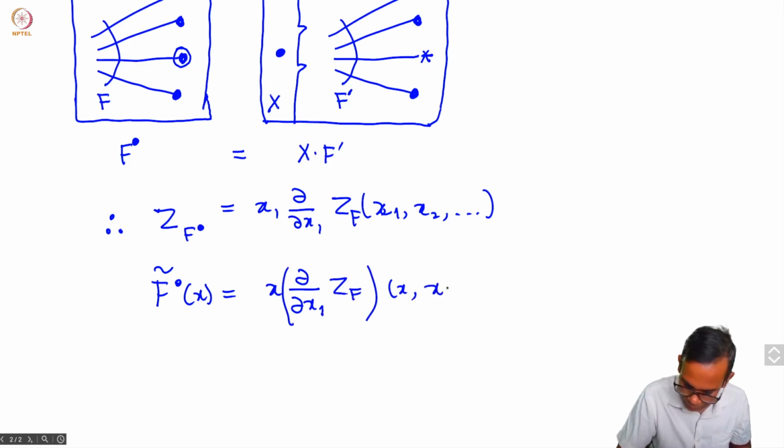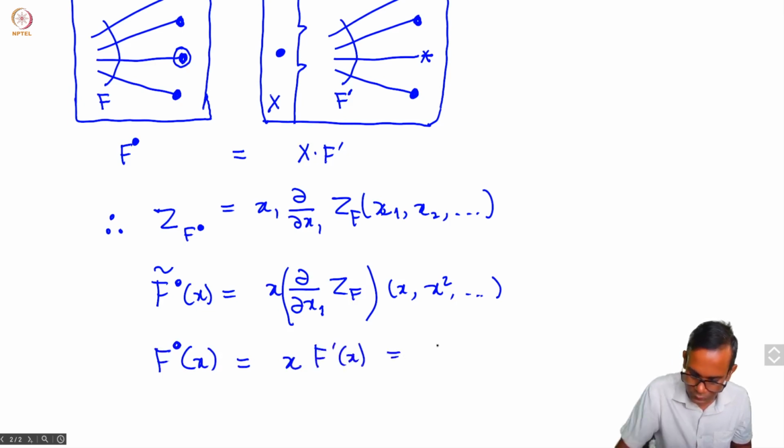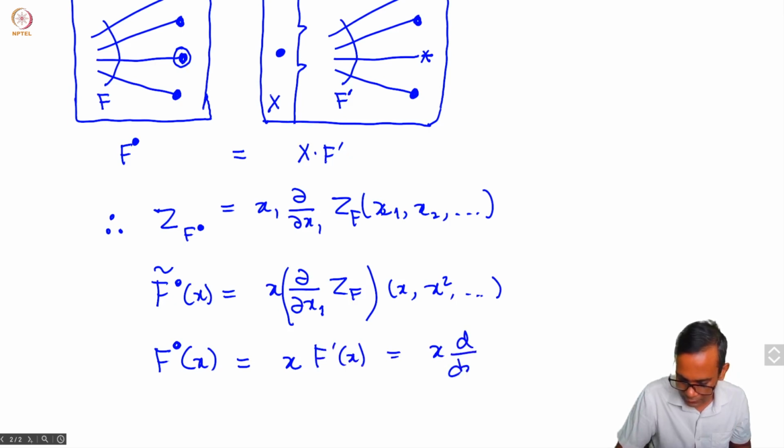Can't simplify this much more here, but of course the nicest expression is for f dot of x, the exponential generating series. It's just x f prime of x, or if you wish, x times d/dx of f of x.